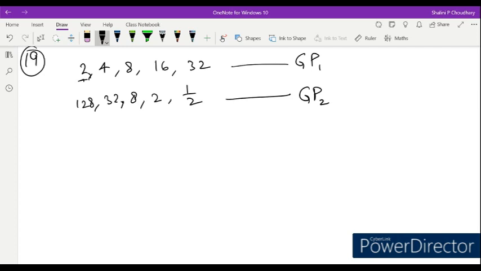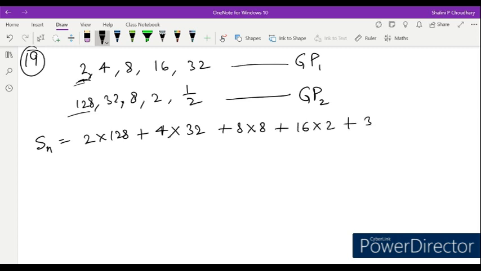So the sum will be 2 into 128 plus 4 into 32 plus 8 into 8 plus 16 into 2 plus 32 into 1 upon 2. Now from here we'll start.